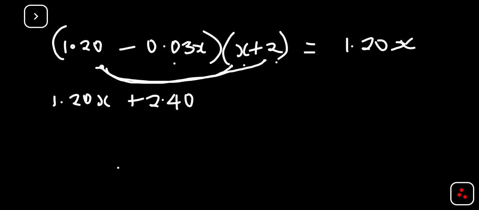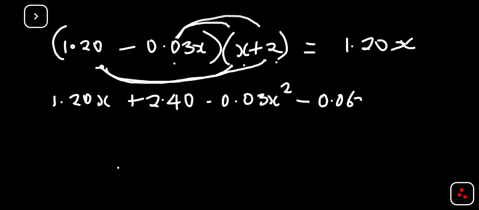Then we have minus 0.03 times x, giving minus 0.03x squared. And the same thing times 2 gives minus 0.06x. And this will be equal to 1.20x. At this point, we can collect like terms and solve.